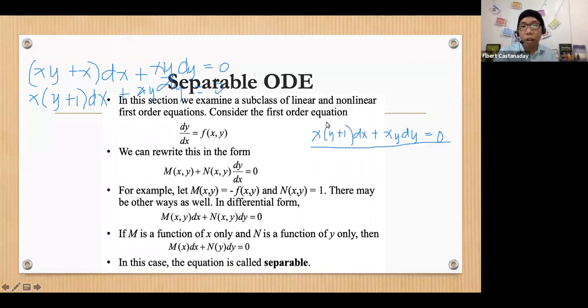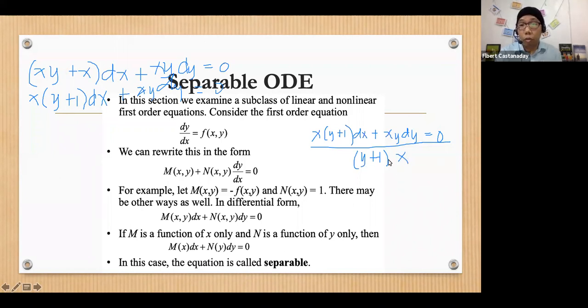To make the first term a pure function of x, I should eliminate y plus 1. So dividing both sides by y plus 1, I am able to make this term a pure function of x. Right? In the second term, I want this to be a pure function of y, so I should eliminate what? x. So divide both sides by x.